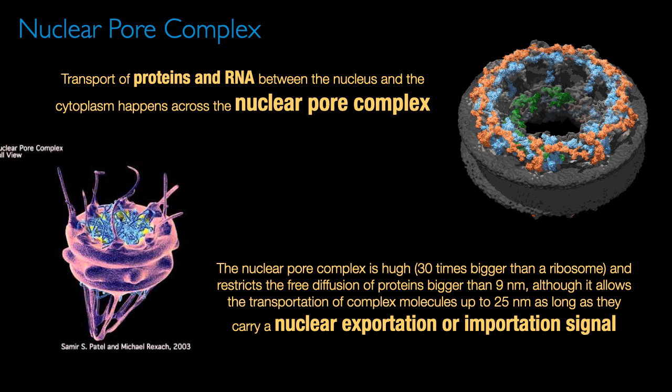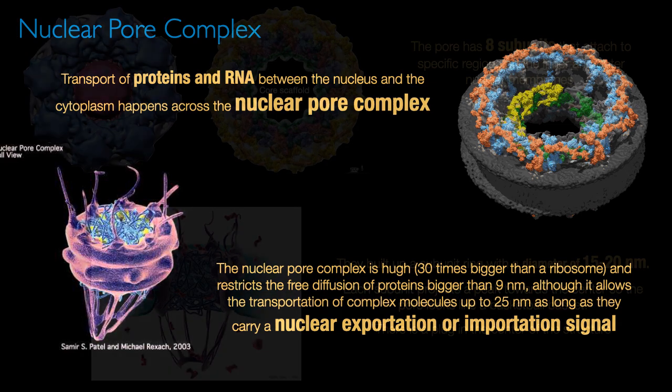But the good news is that the pore can stretch and let particles up to 25 nanometers go through, provided they carry a proper, let's say, passport. Let's see what that is.